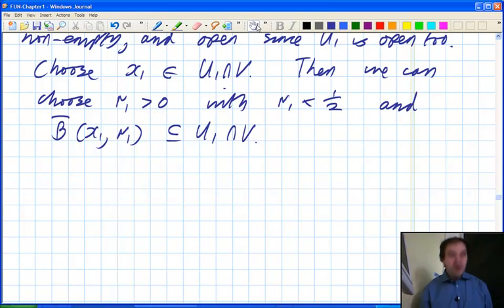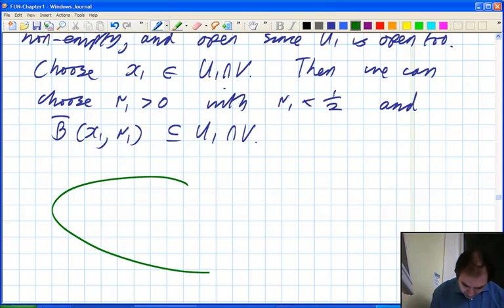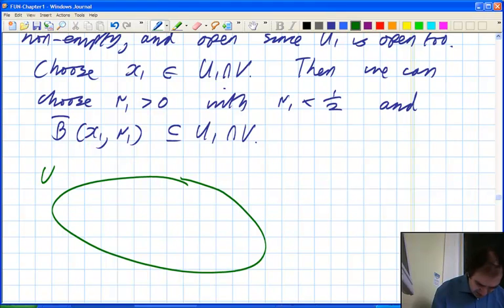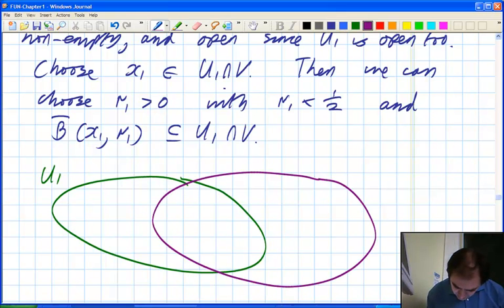So what am I up to? I've got U1, I've got V. Let's have some pictures of that. Here's U1. Here's V. I chose my x1 in there somewhere.